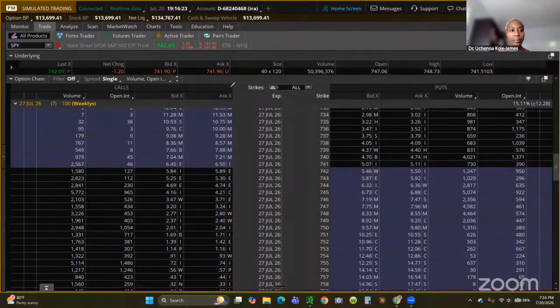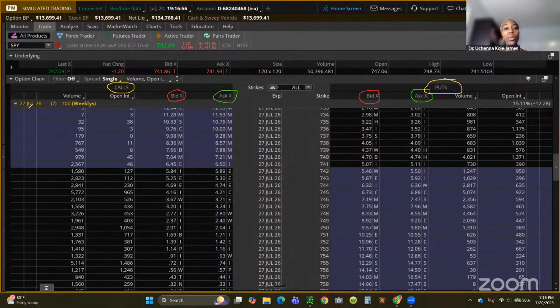The ask, I'll put it right here. Ask is where we buy. Remember, the left side is the calls, the right side is the puts. And I'm color coordinating it so you can see usually when you buy something, it's green. When you sell something, it's red. Okay. So that's a little color coordination.